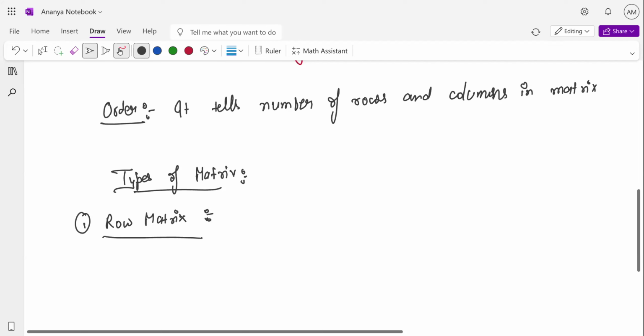So it has one row. If you see, it is a row matrix. Meaning to say, this matrix will only contain rows, right?